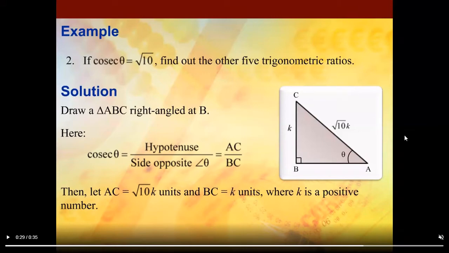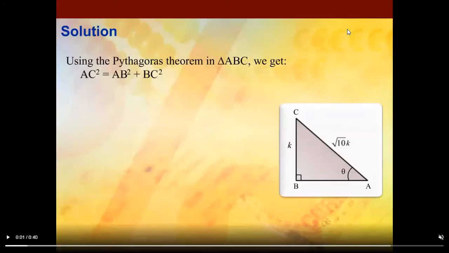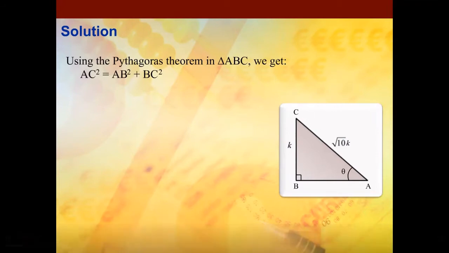Again, children, we have to use the Pythagoras theorem to find the third side. In triangle ABC, AC square is equal to AB square plus BC square. So substitute the values of AC and BC in the Pythagoras theorem and find AB.